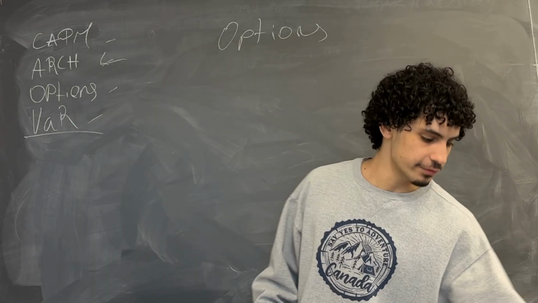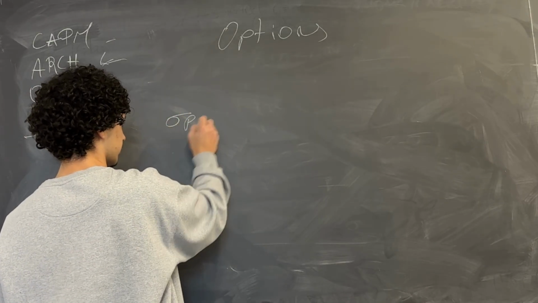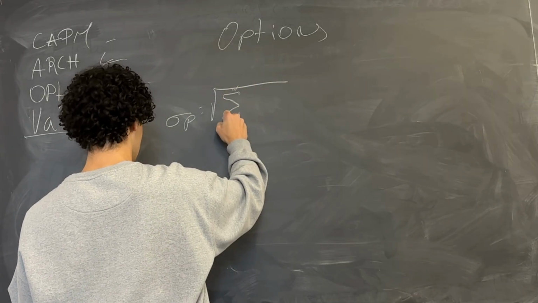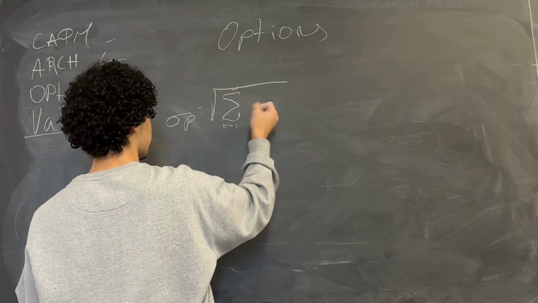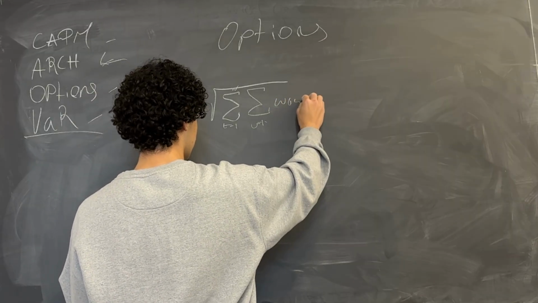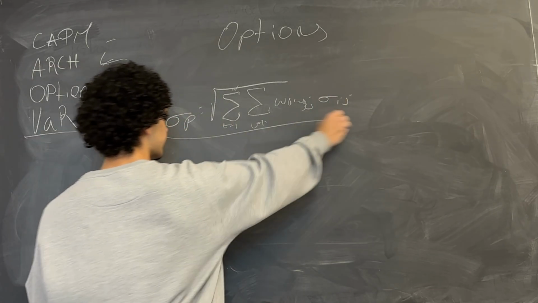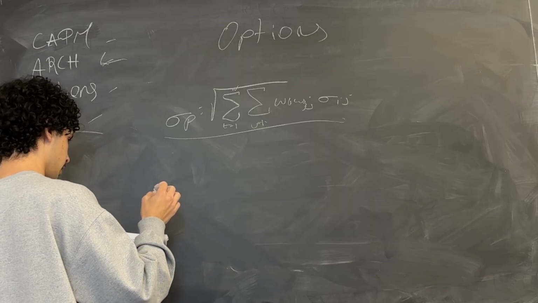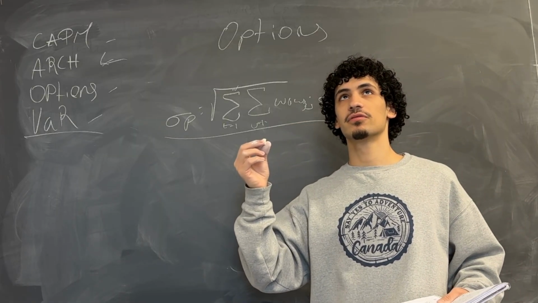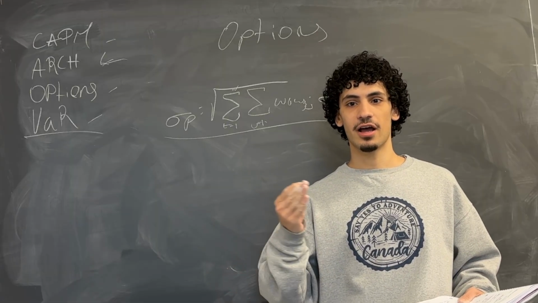And then finally, two last things. The VaR of the portfolio, the value at risk of the entire portfolio, is measured using the portfolio standard deviation, which is the sum over i equals 1 and j equals 1 for however many stocks we have, of the weights adjusted by the standard deviations. What this ends up doing is that the variance of a portfolio is always going to be less than the variance of the individual assets summed up.